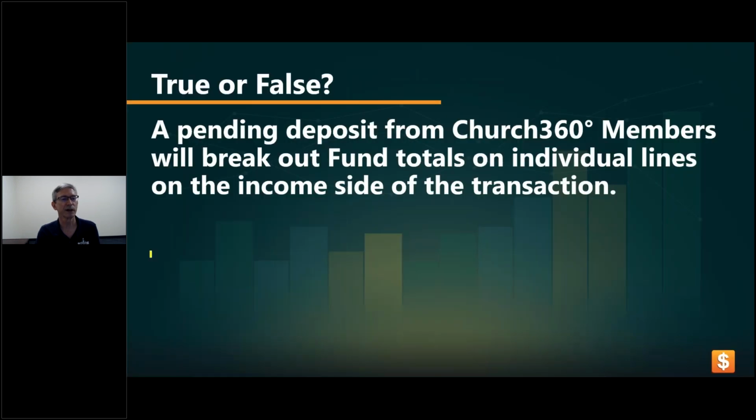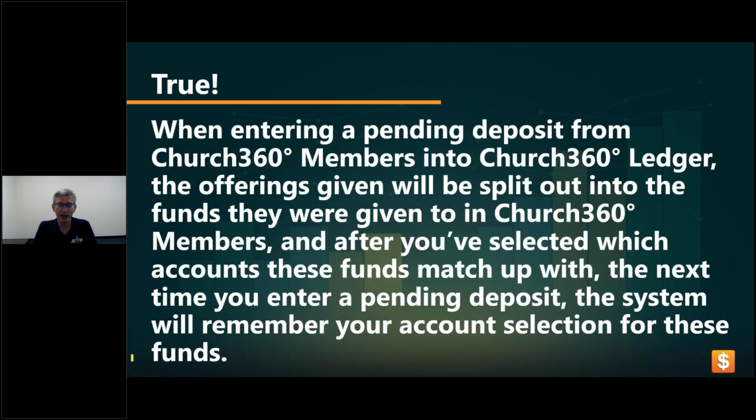The answer here is true. So when entering a pending deposit from Church360 members and Church360 Ledger, the offerings given will be split out into the funds that they were given to in Church360 members. And after you've selected which accounts these funds match up with, the next time you enter a pending deposit, the system will remember the account selection for these funds.